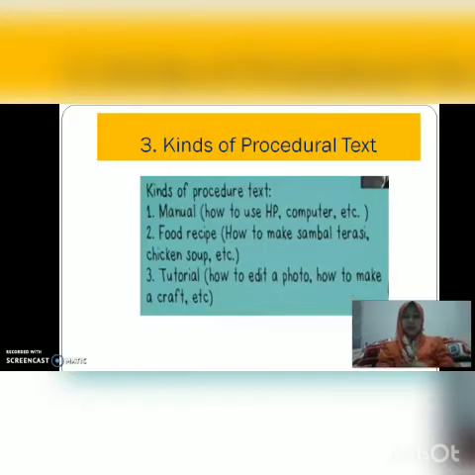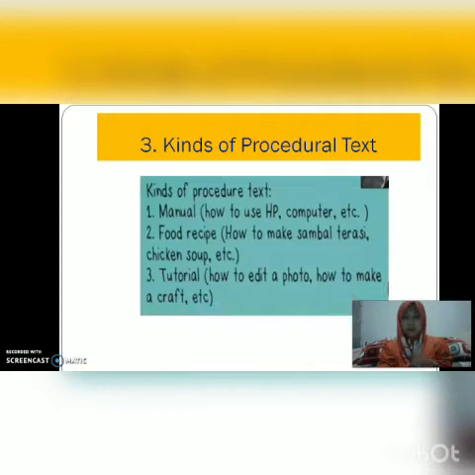Next is kinds of procedural text. There are three kinds of procedural text. The first one is manual. The manual, for example, how to use handphone or how to use computer, etc. The second one is about food recipe.